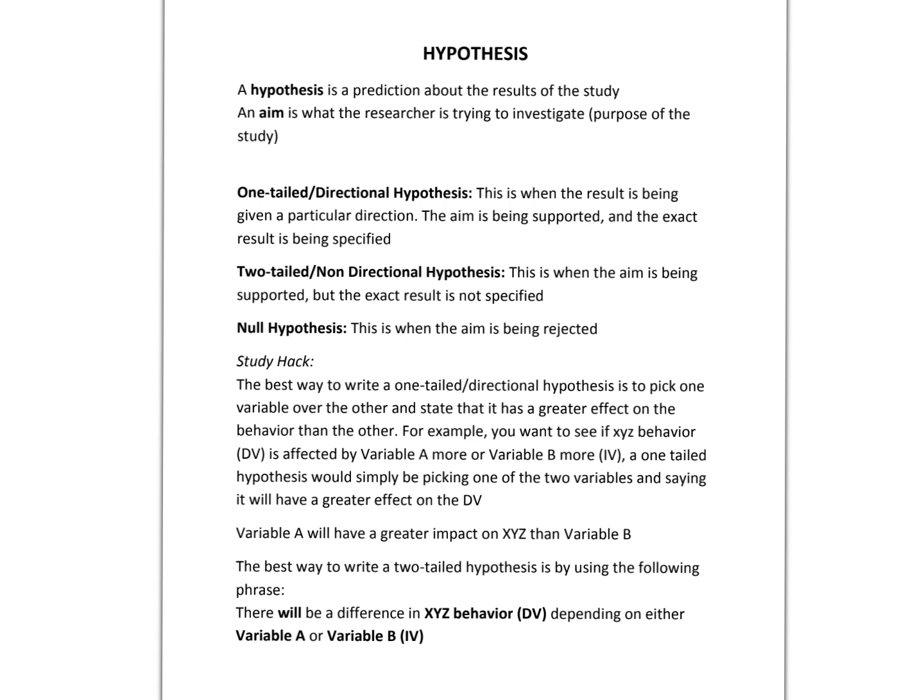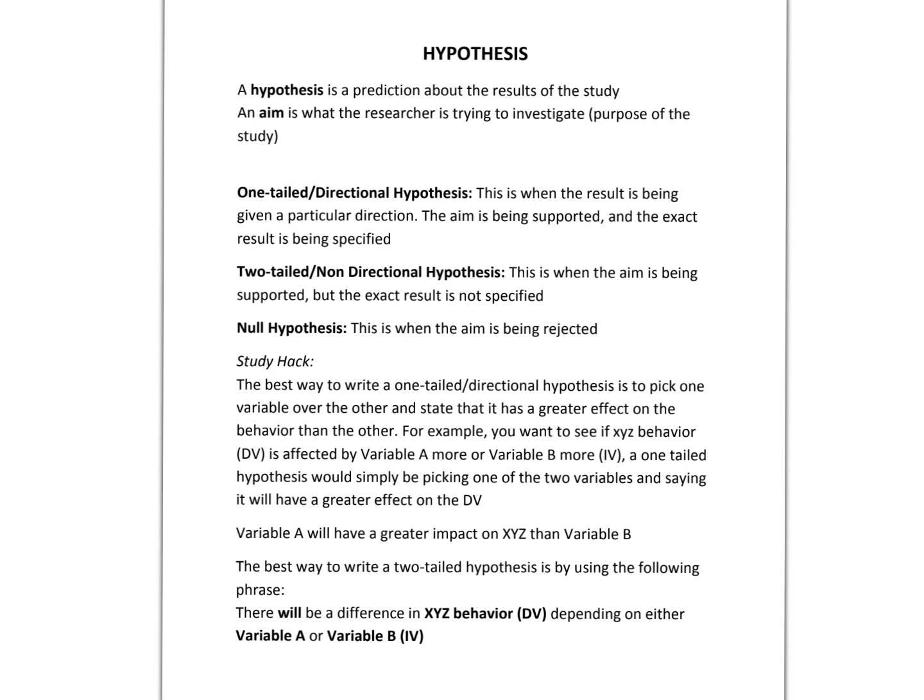So let's take again the example. Let's say variable A is AC on, variable B is AC off, and the behavior or the DV is your performance. So in a one-tailed hypothesis, just pick one variable over the other and say that this will have a greater effect. Say AC on will have a greater impact on performance in a test rather than AC off, right?